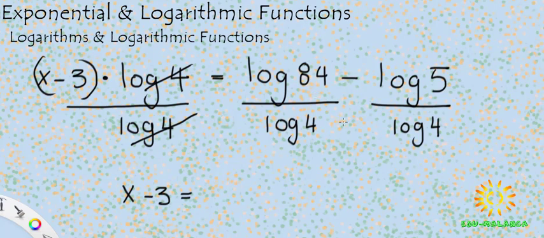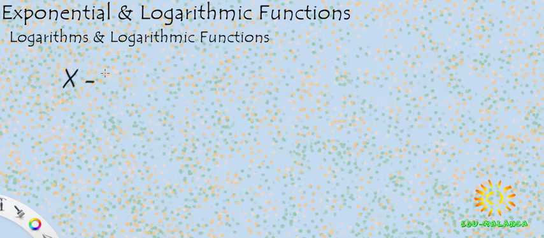If we work to 2 decimal places, log 84 divided by log 4 is equal to 3.20 minus log 5 divided by log 4, which is equal to 1.16. If we simplify this side further, we get that x minus 3 is equal to 2.04.